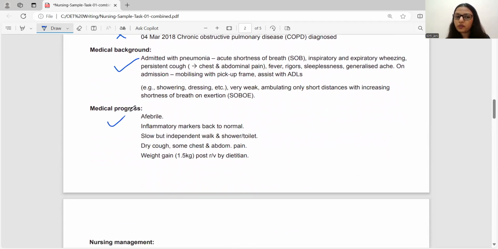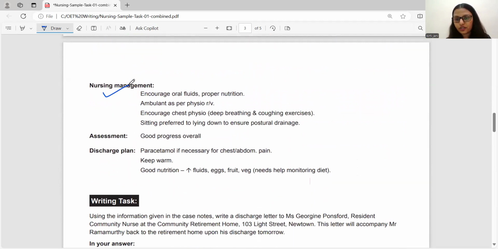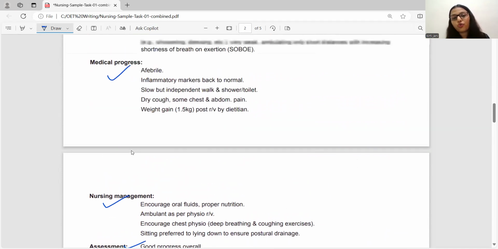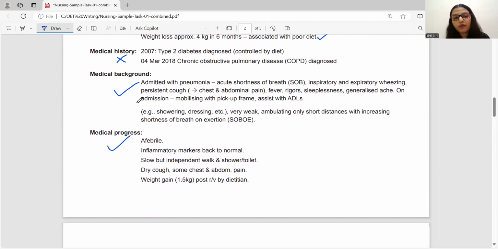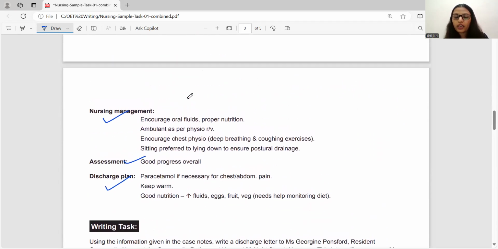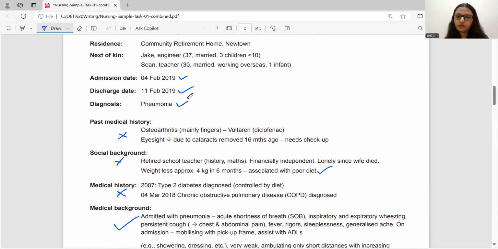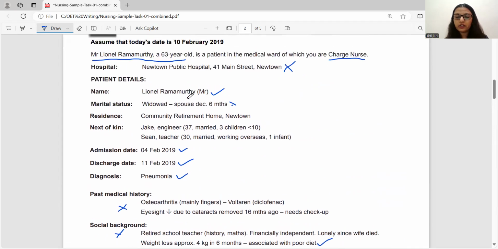I will write all the medical progress of the patient, and I will also write the nursing management. I'll write assessment as well and discharge plan. So this shows that the information from medical background till the end is relevant. Okay, so now I have selected all the relevant information for the reader.